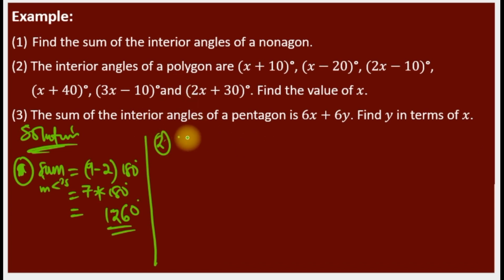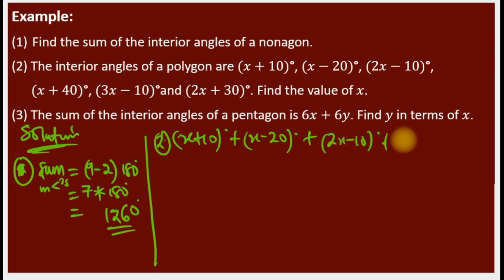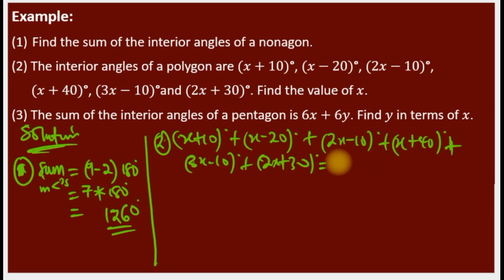So I'm saying that if you add x plus 10 degrees plus x minus 20 degrees, we'll have plus 2x minus 10 plus x plus 40 plus 3x minus 10 plus 2x plus 30 must be equal to the sum, which is n, our n is 6 minus 2 times 180.